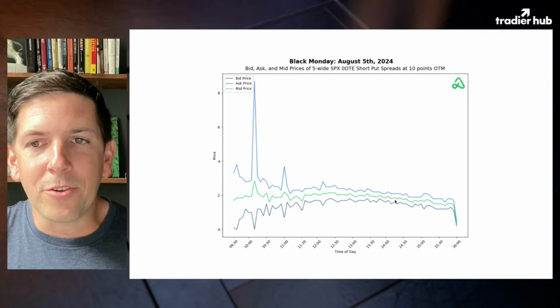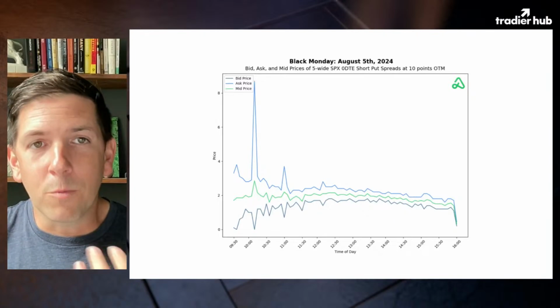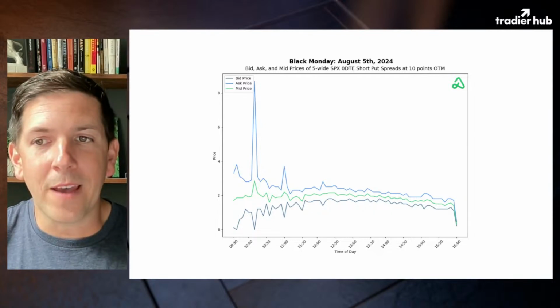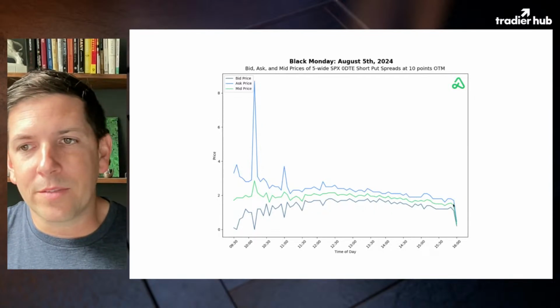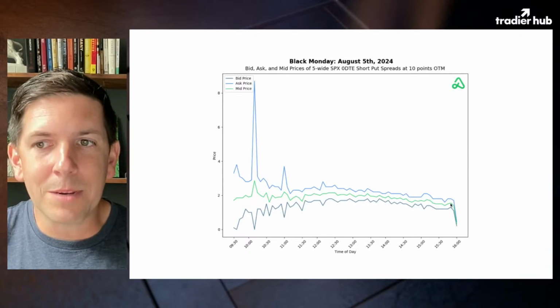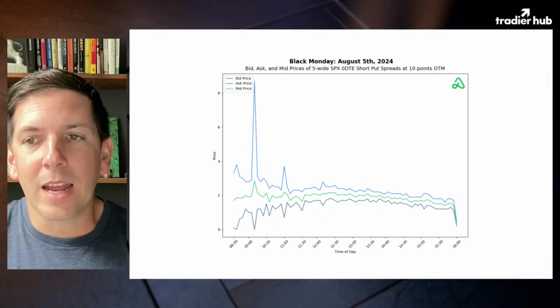You get into the afternoon hours, 1:30 or 2:30 or so, it's a little under $2. So there was some decay that started to materialize. It wasn't a lot. It didn't happen really fast. And it wasn't until the very last couple minutes of the trading day that we started to see that time decay really pop in and accelerate.